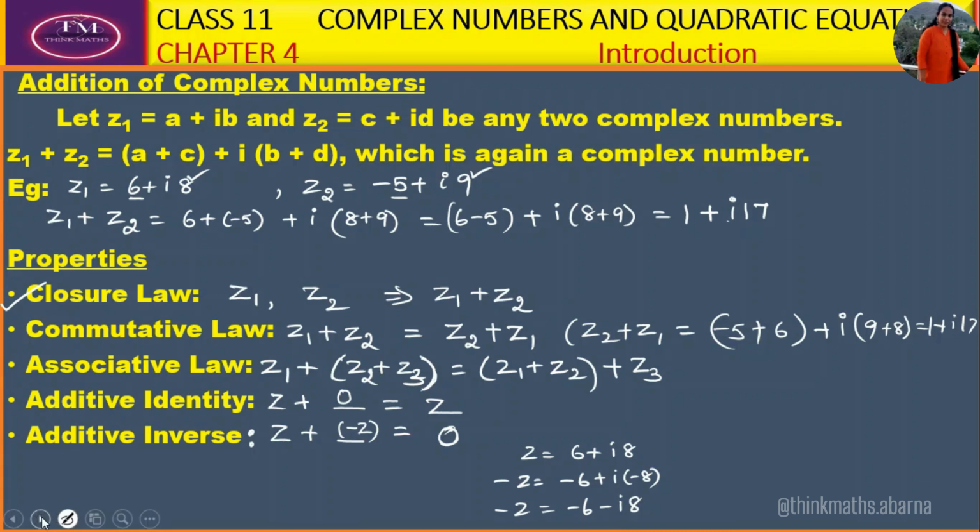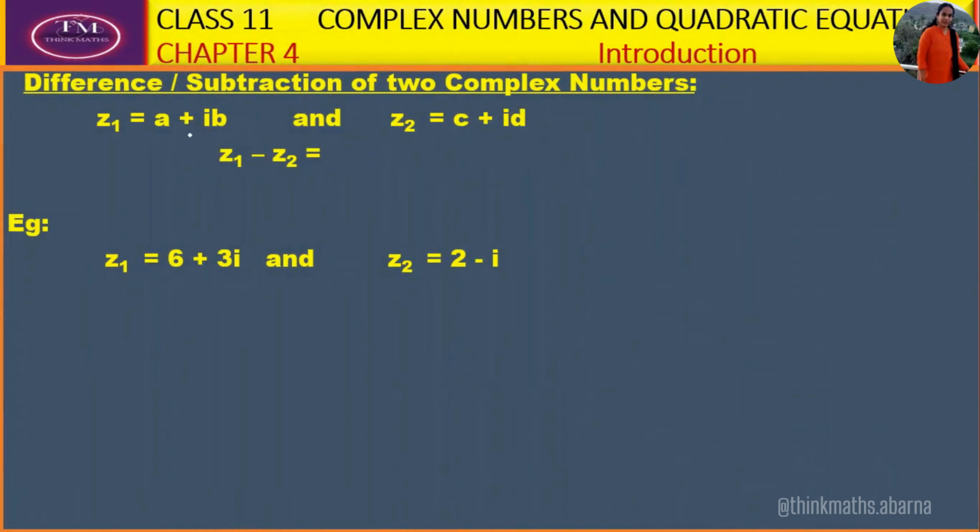Okay, so moving on to the next concept. Next one is difference or subtraction of two complex numbers. So there are two complex numbers, z1 equal to a plus ib and z2 equal to c plus id. How to subtract? The same as in addition. So subtract the real parts: a minus c, the real part in z1 minus the real part in z2.